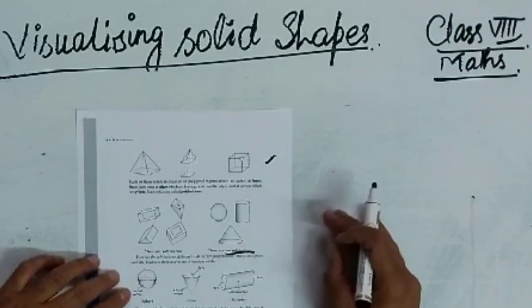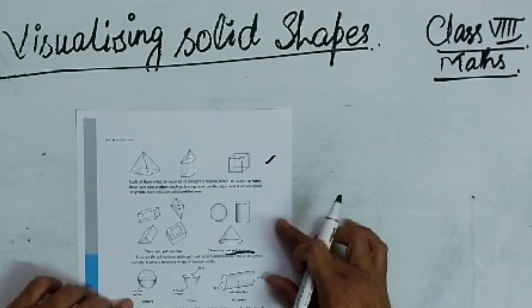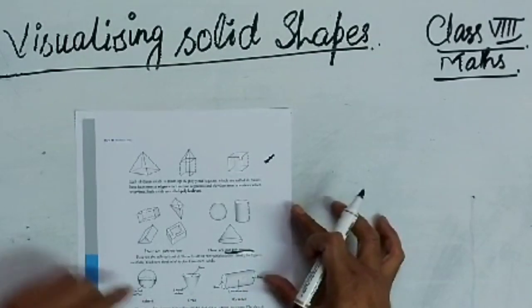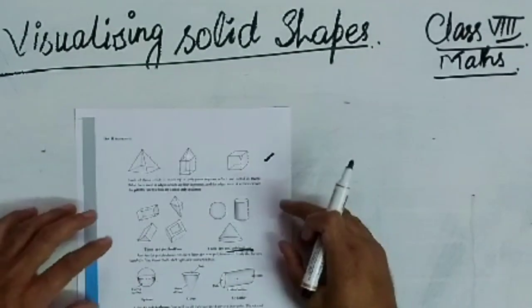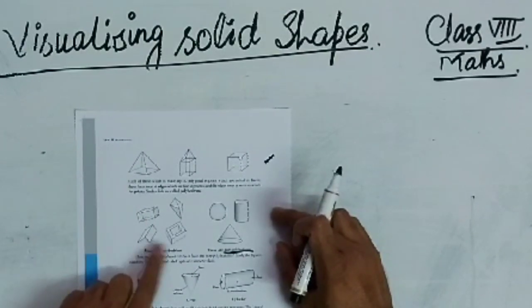The next one is a ball, a sphere, involving a curved surface, a cone with a lateral surface, and a cylinder with a curved surface and circles. So all these figures are not polyhedrons, and these figures drawn here are polyhedrons.